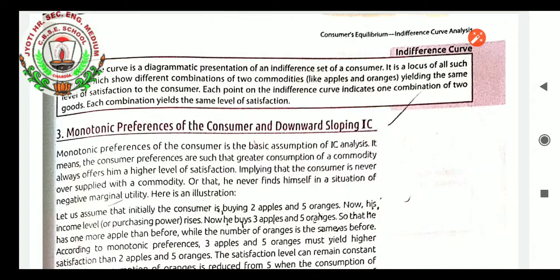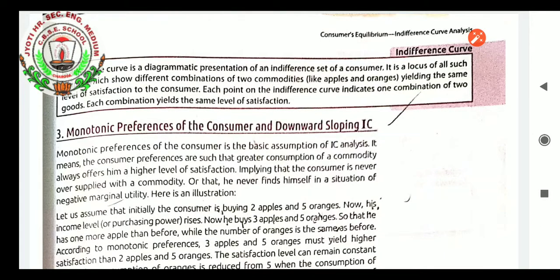Monotonic preference of the consumer says what the preference of the consumer is. Taste and preference have a very important role in the demand for goods. As you know, every consumer will not have the same taste for the variety of products.